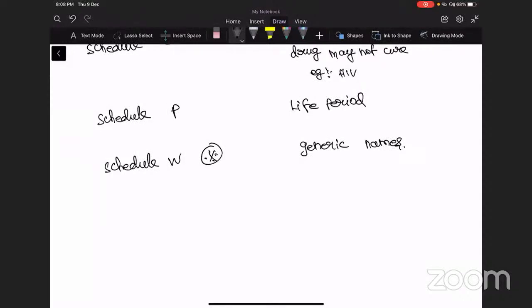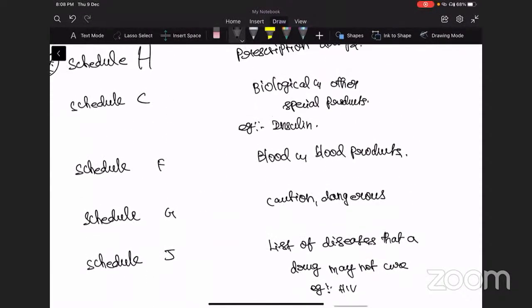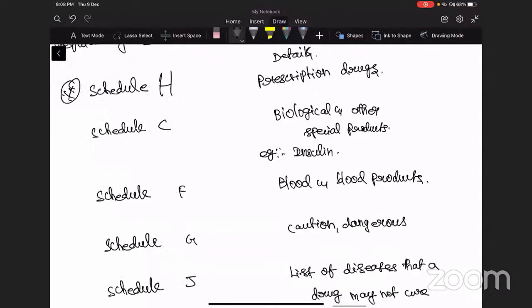So these are some important schedules. Please remember, Schedule H is very important. It has been asked in the previous exam.